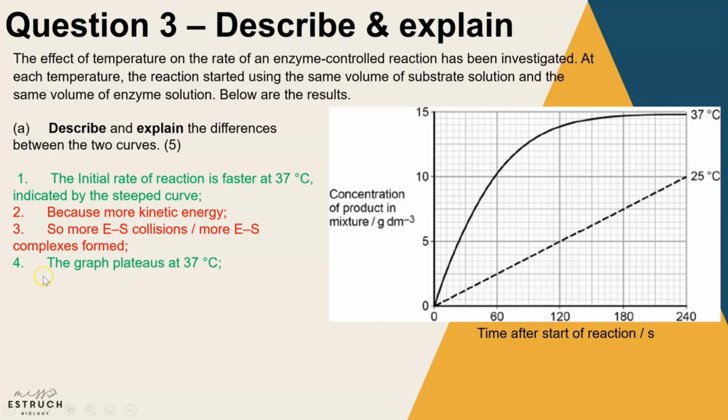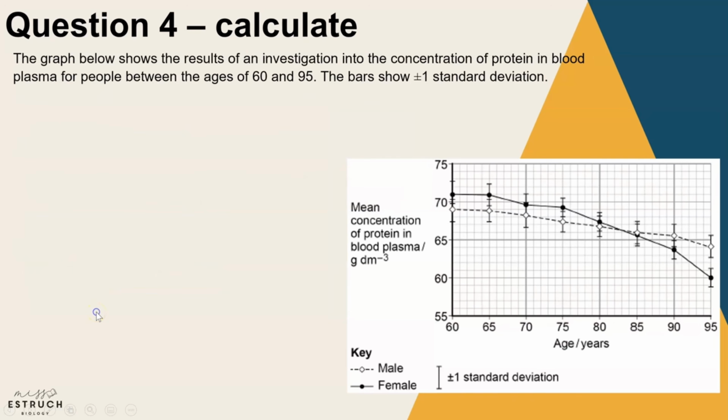The second descriptive point as the difference was the graph plateaus at 37 degrees C, but it doesn't for the 25 degrees C. So we've got to explain why it plateaus, and that would be because we've got a different limiting factor now. And in this case, it is the substrate. So by that point, all of the substrate has already been used up and the reaction has already occurred. So that is our limiting factor. So those would be your 5 marks.